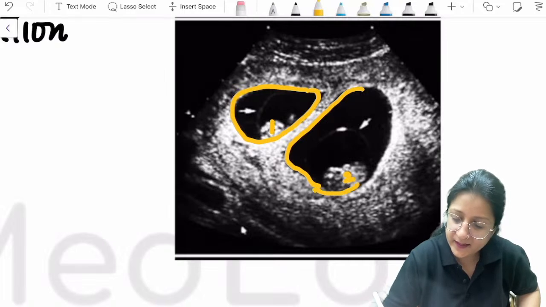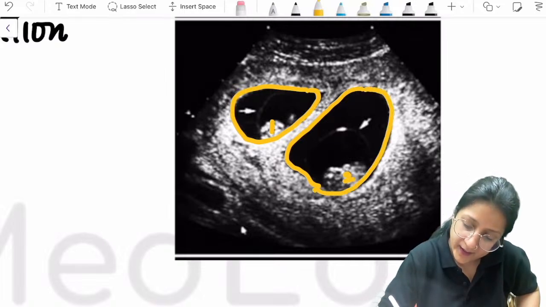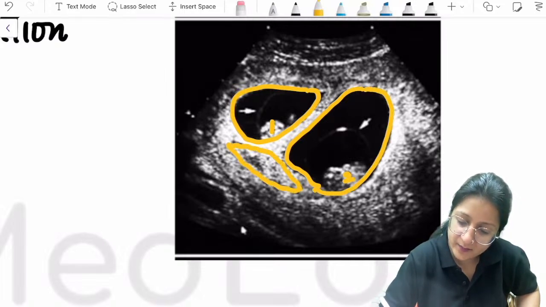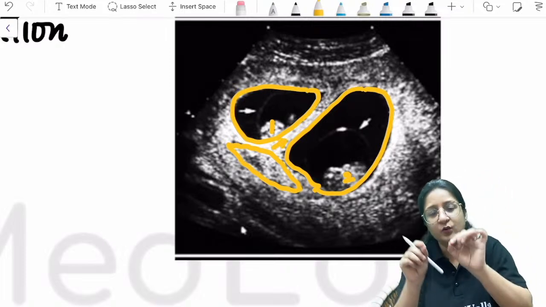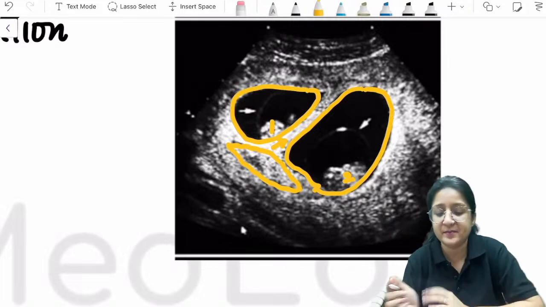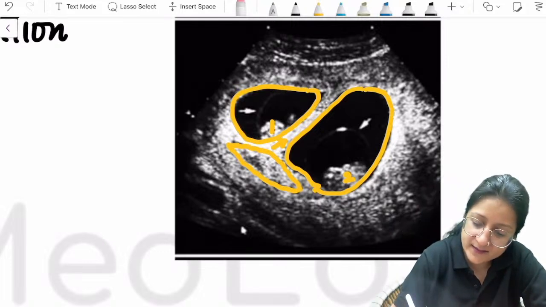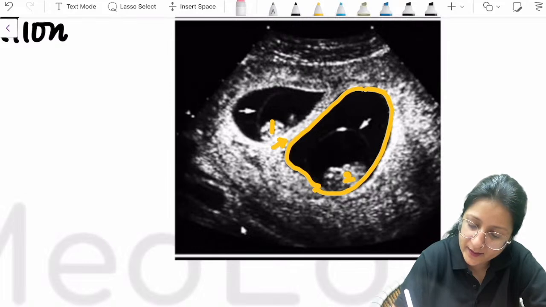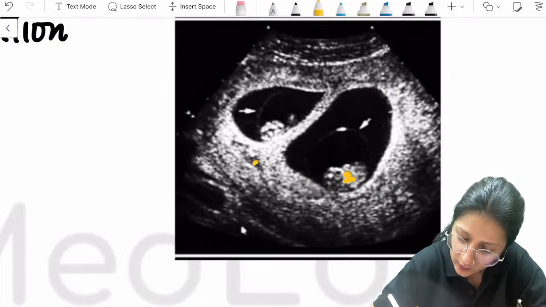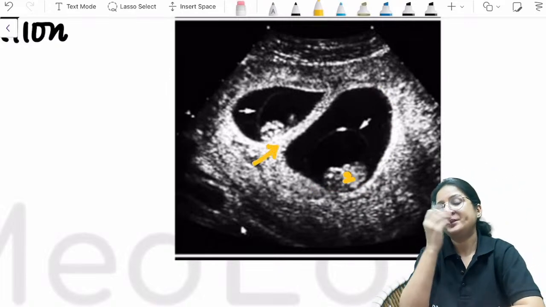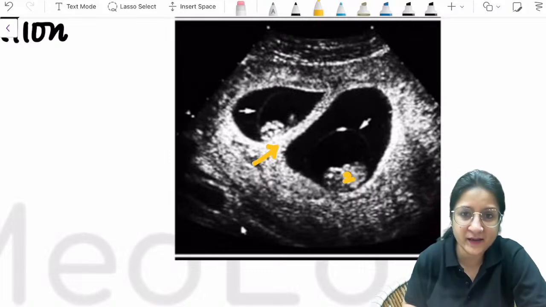There is a thick intertwin membrane. This is where the placenta is developing, and it is dipping in between the intertwin membrane. So this is what we call the twin peak sign or lambda sign. A thick intertwin membrane is there, and we can see the chorion dipping in between the intertwin membrane here.